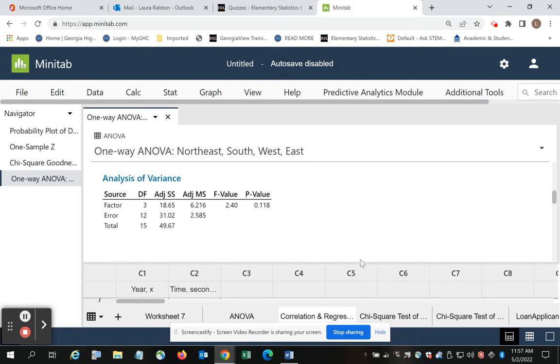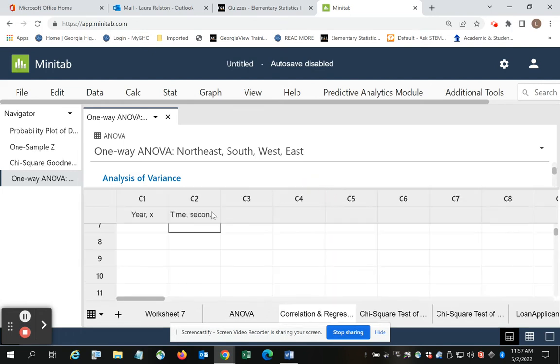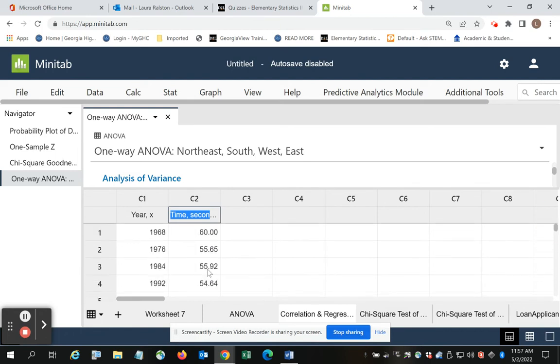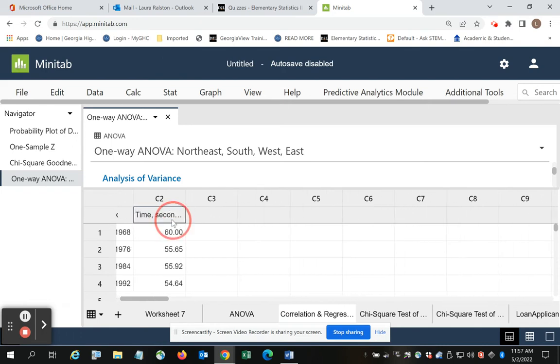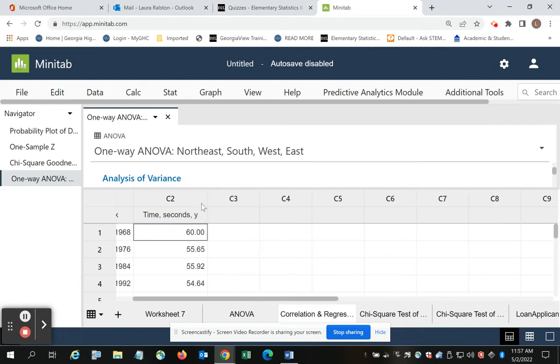One of the things that I do to help me out so that I don't get confused as I'm working through the problem is I have the year labeled as the X, and I have the time labeled as Y. Let's spread this out where you can see it.